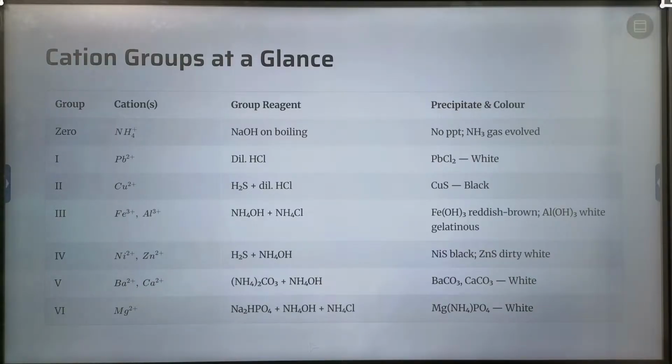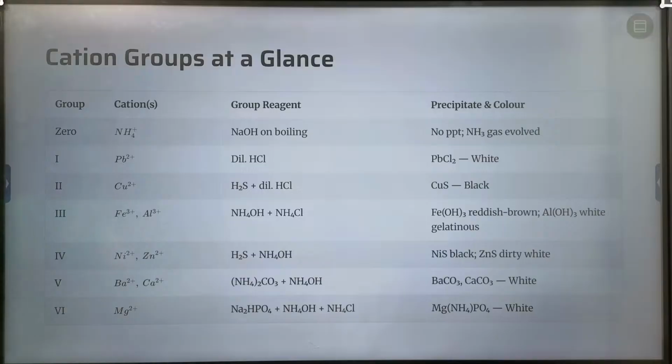The reagent is hydroxide and chloride, so it will be precipitated as hydroxide, either iron hydroxide or aluminum hydroxide. You will get either a reddish brown or a white precipitate, which shows the presence of the third group of cation. If you don't get any precipitate here, then the third group is absent.